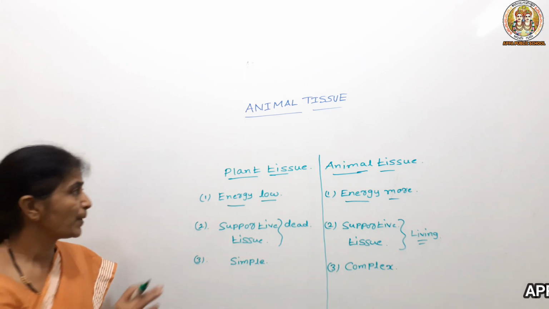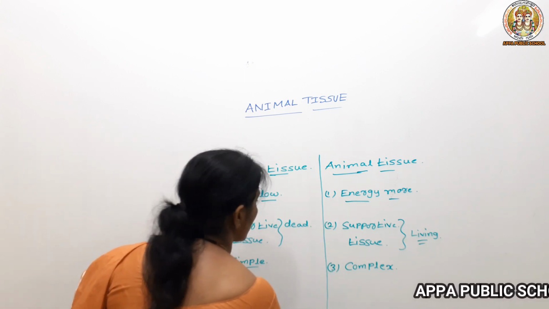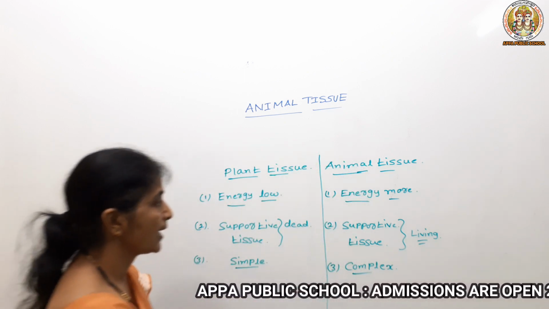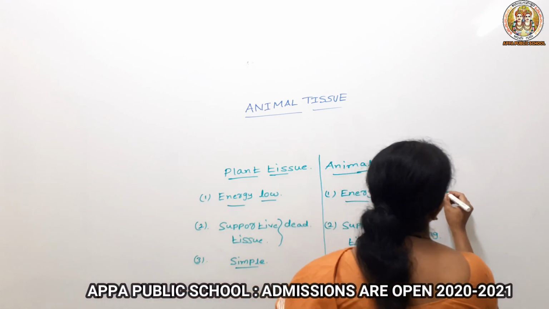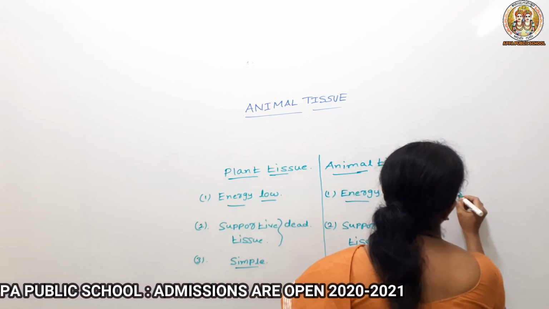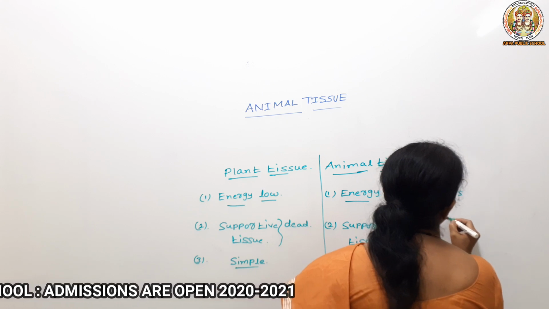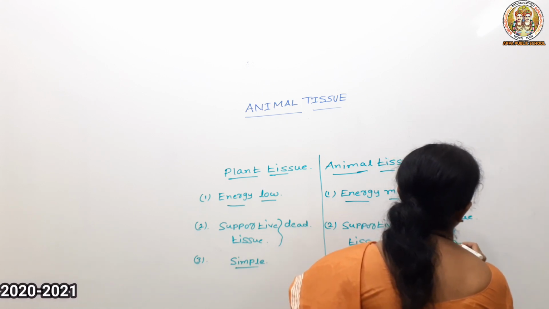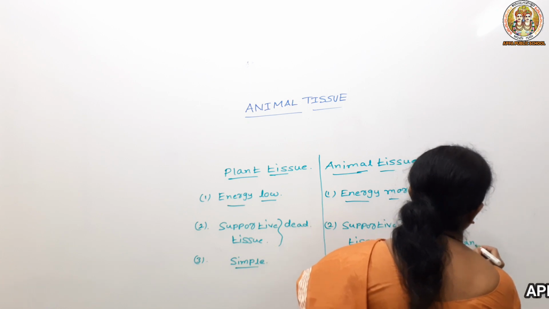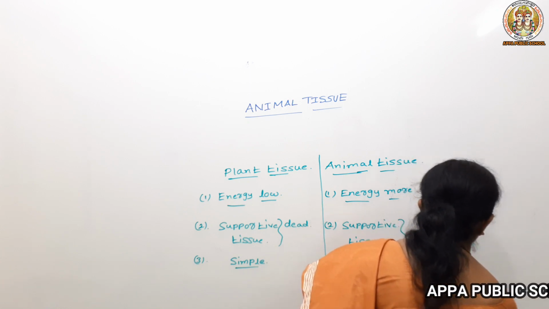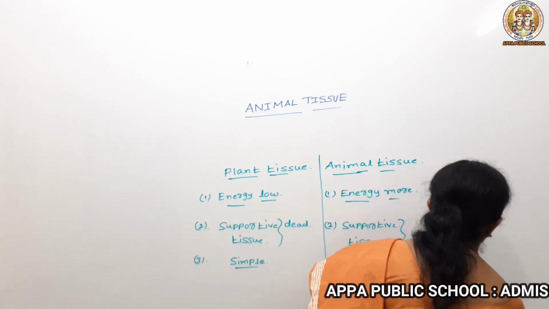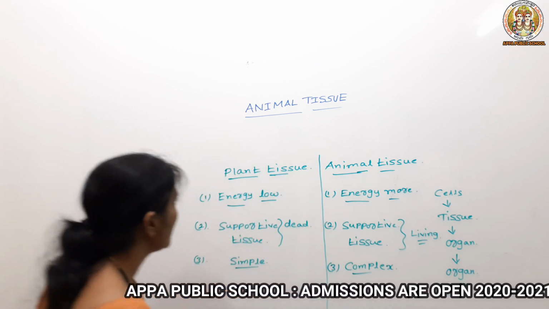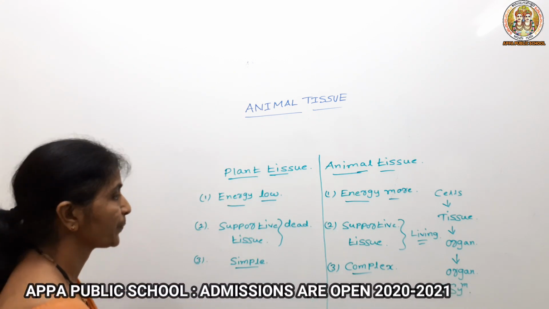That's why the plant will be having very simple organization as compared to the animal tissue, because in animals, cells together make up the tissue, tissues together make up the organ, and organs together make up the organ system. But such type of tissues are not present in case of plant tissue. That's why the organization is very simple in case of plant tissue.